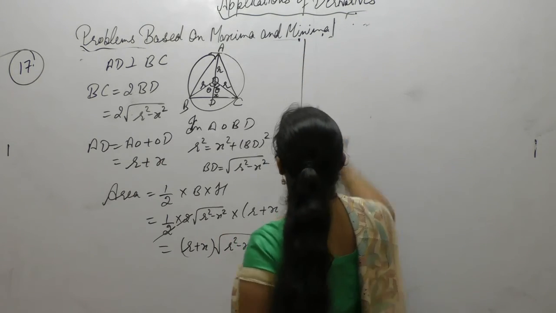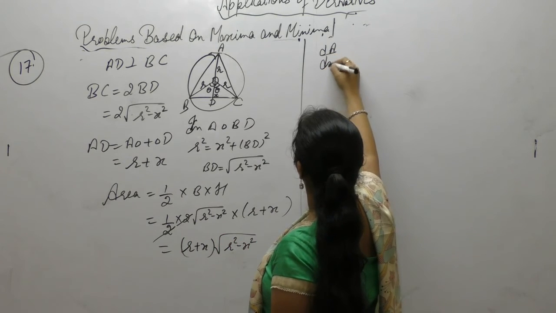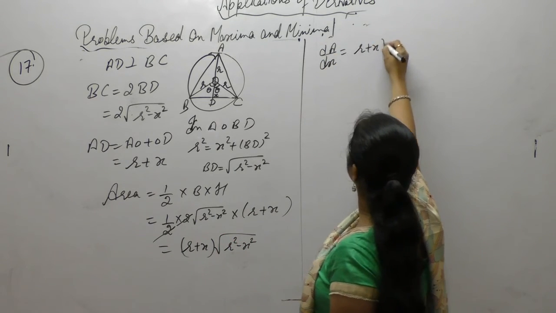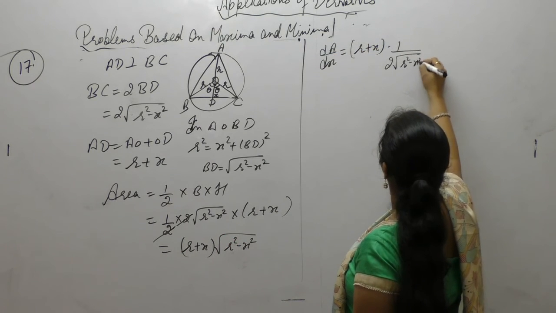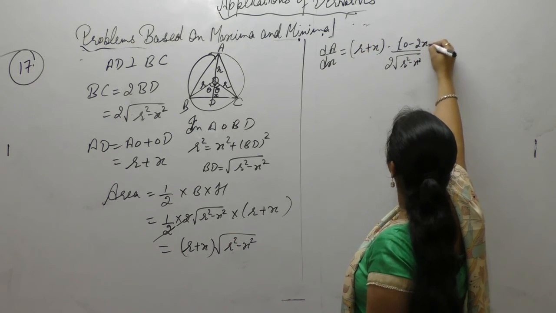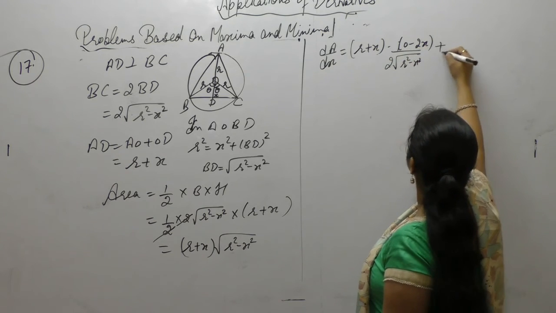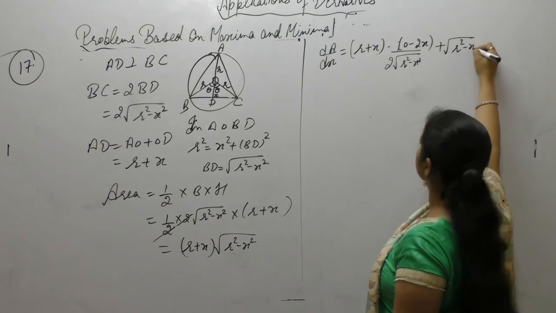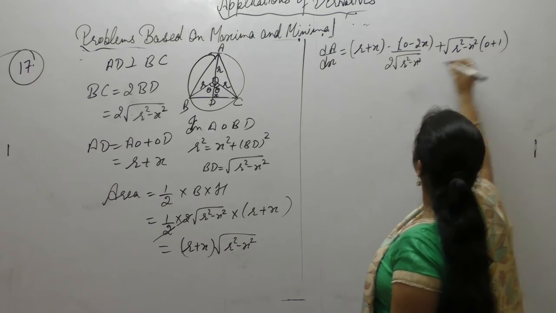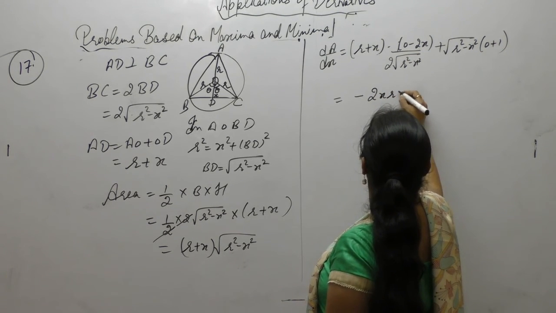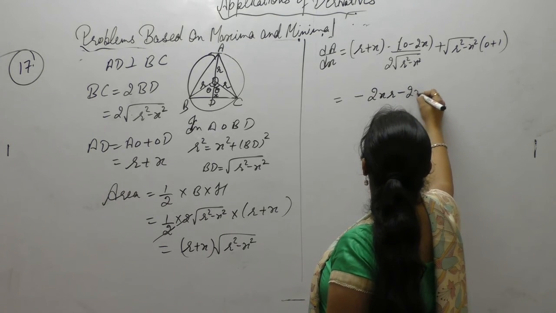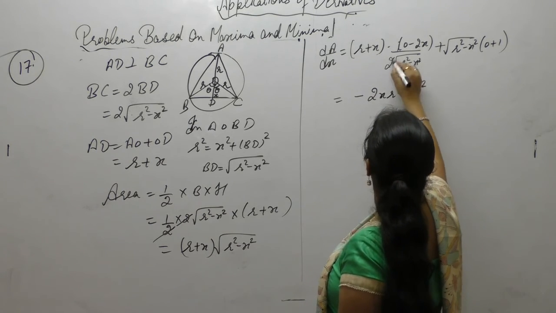Now find the first derivative. Using the uv rule: first function, derivative of second. Derivative of R square is 0, x square. Plus second as it is, derivative of R and derivative of x, minus 2xR minus 2x square, 2 is cancelled.